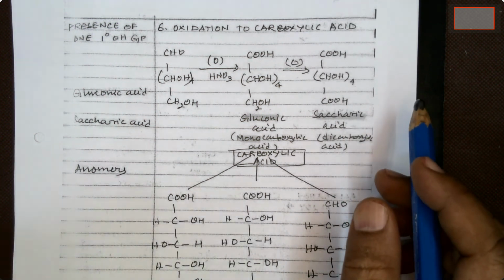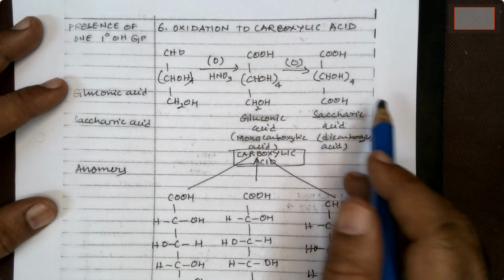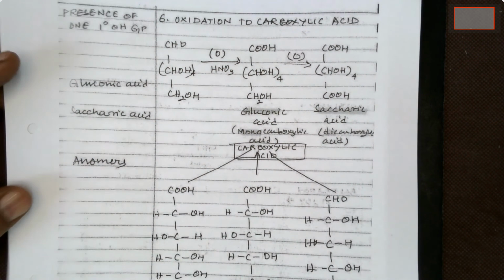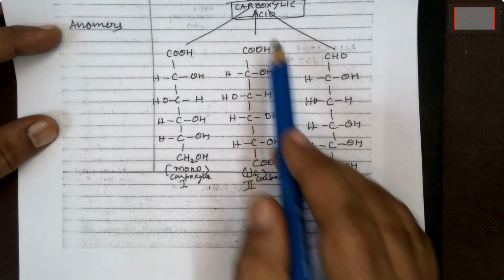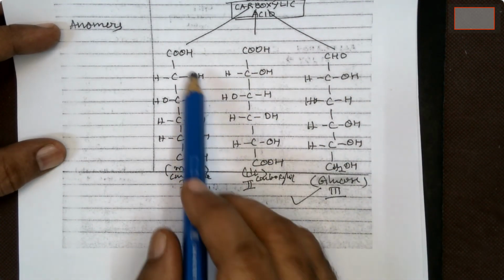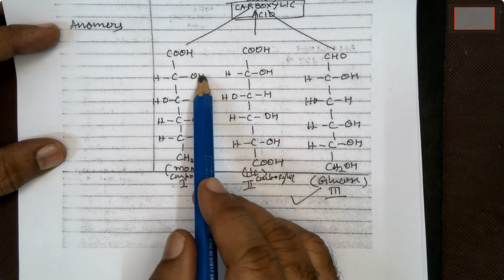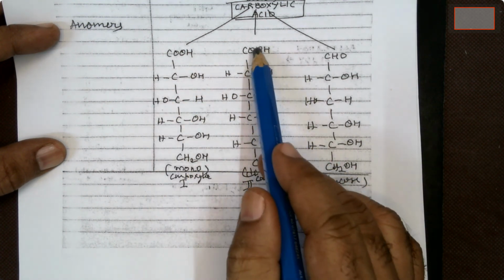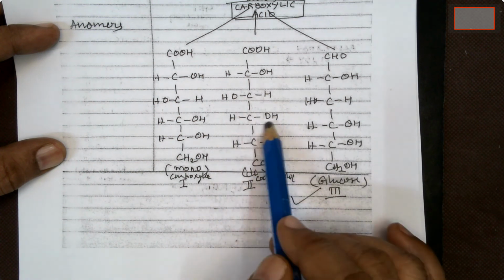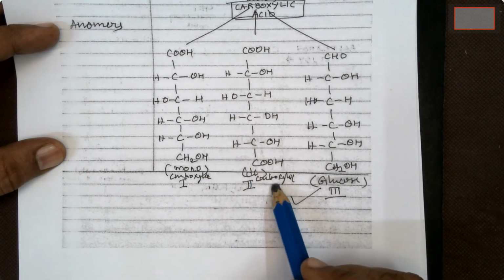So based on these studies, we arrive at the structures of these carboxylic acids. For example, here we have COOH, CHOH, CHOH, CHOH, CHOH, CH2OH. Another form is COOH, CHOH, CHOH, CHOH, CHOH, COOH.